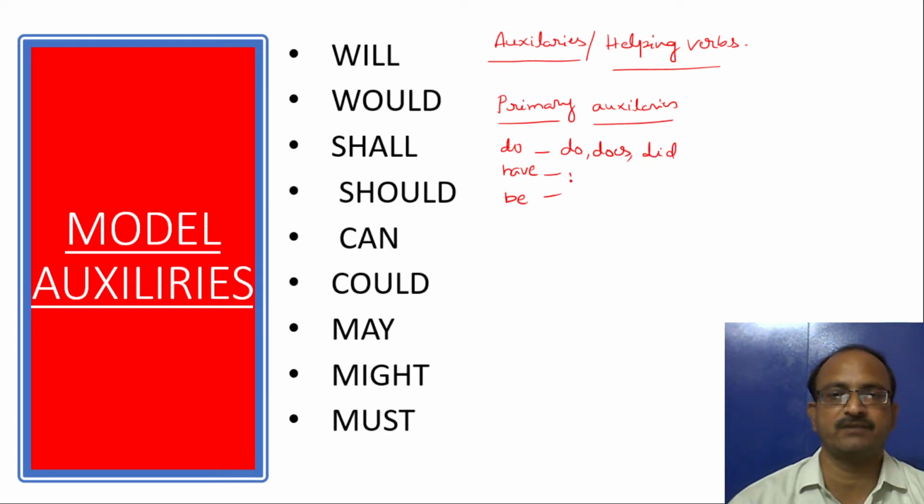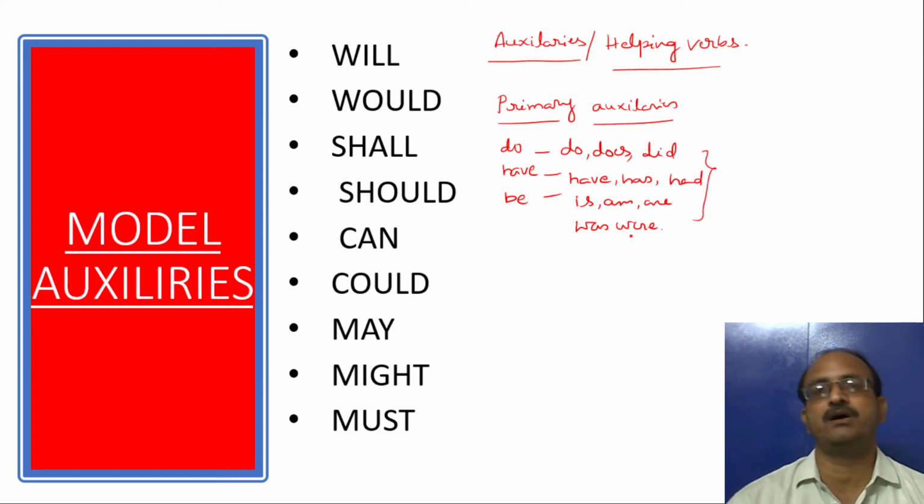In the have forms we have have, has, and had. And in the be forms: is, am, and are for present tense, and was, were for past tense. So this is primary auxiliaries.